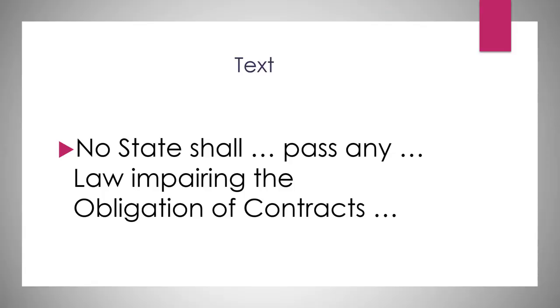So, we want to focus in here on the obligation of contracts part, right? This is called the Contracts Clause, and that is one of the limits, right, on a state's power to act. A state is not allowed to impair obligations of contracts. Sound that out. Right? Obligations of contracts. Well, that means, right, the terms of a contract, something somebody is required to do under a contract as an obligation.